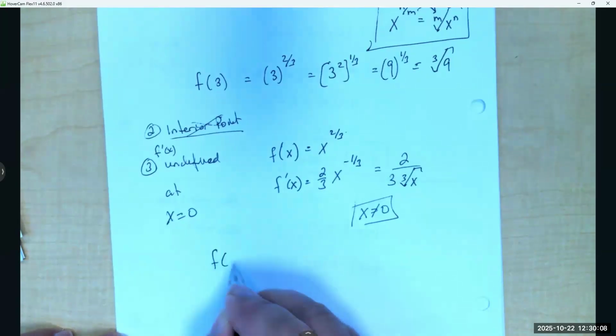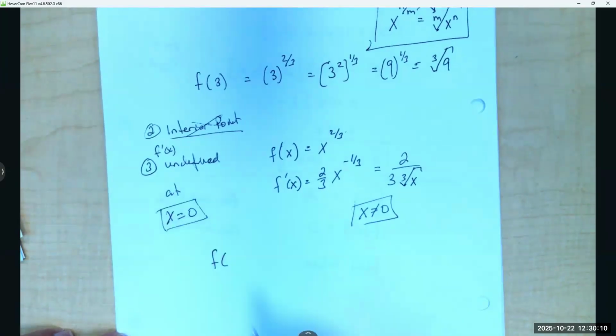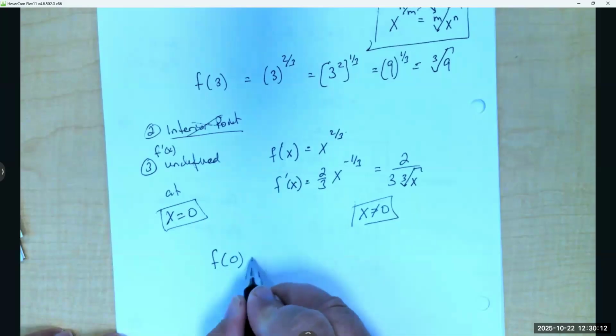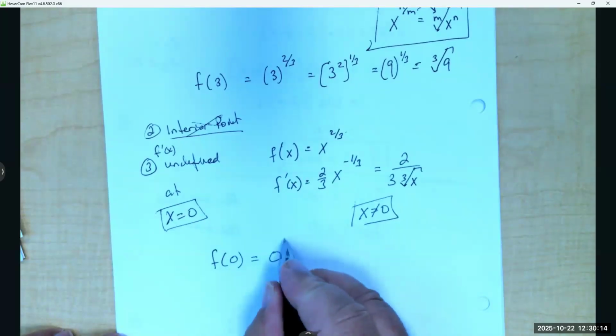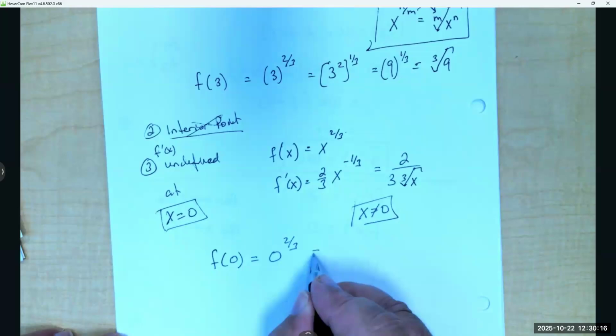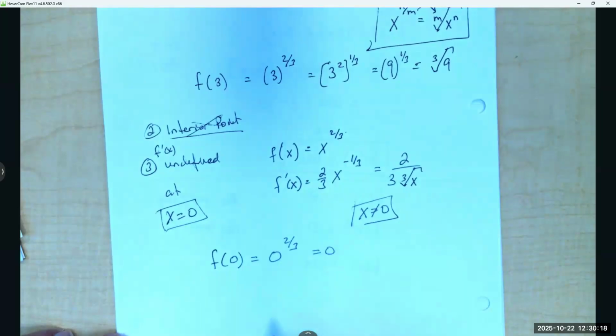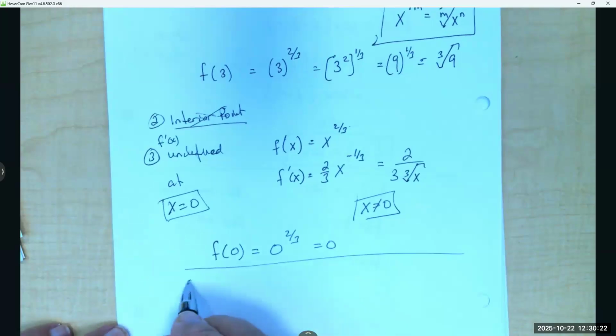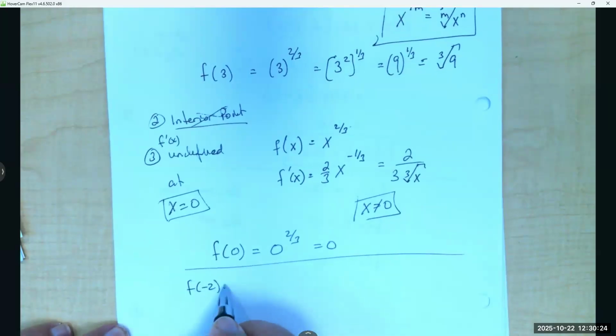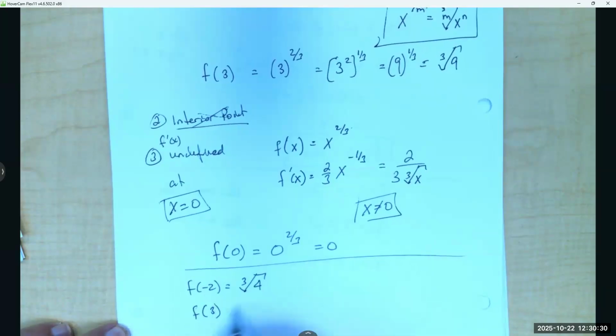So we take our critical values here and plug them into the original function. Let's look at the values we have here.